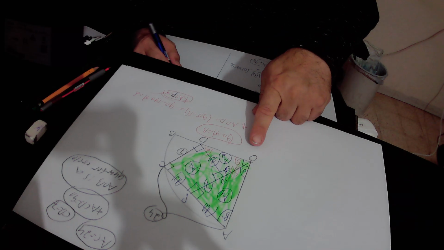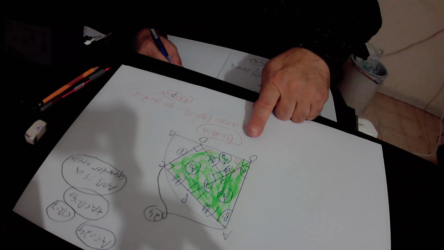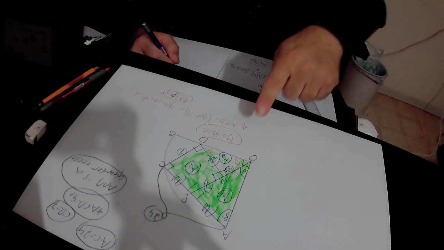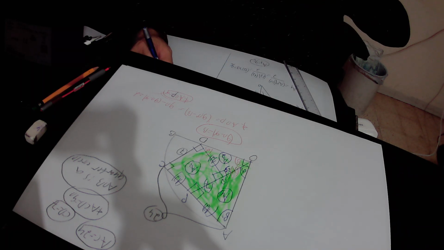OQ equals x and x equals 9, so QO equals 9 units, and QD equals 12 units.